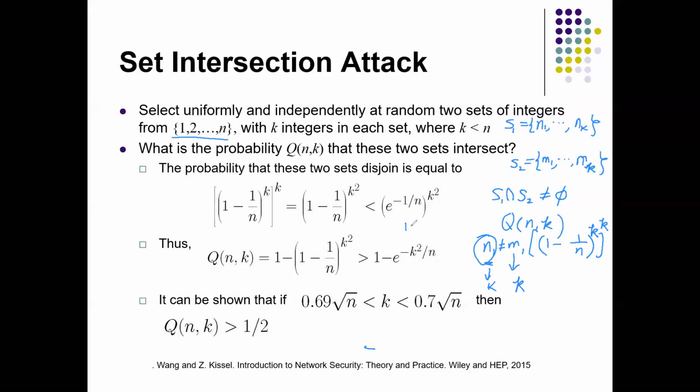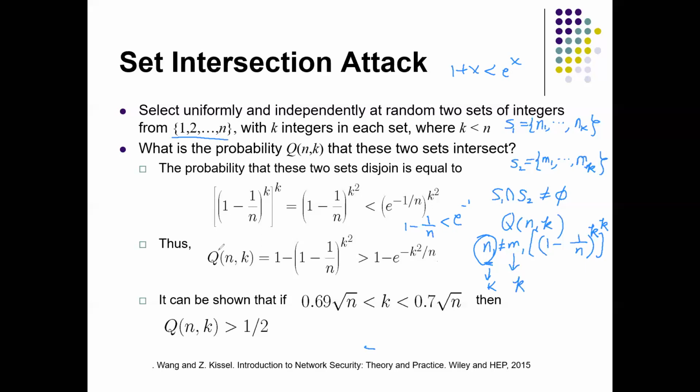And we know that 1 minus 1 over n is less than e to the minus 1 over n. So in other words, we have this 1 plus x less than e to the x. Okay, so that's how we get to this.